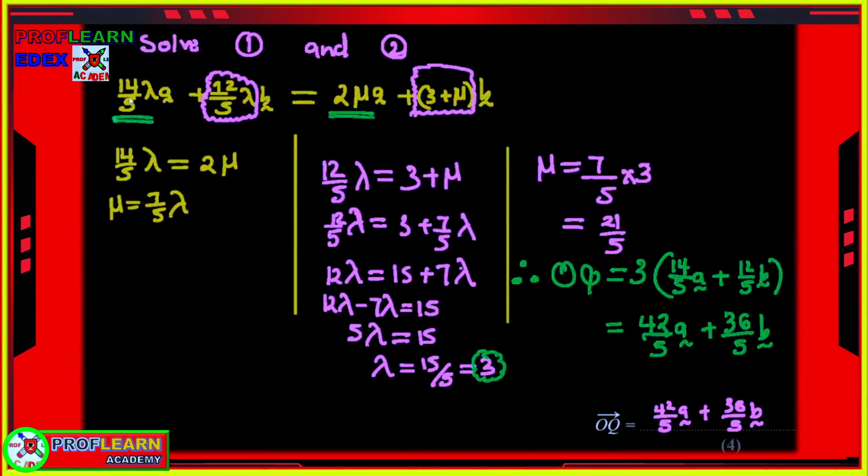You can equate those terms with A. You can say, well, 14/5 lambda should be equal to 2 mu. So you divide by 2 both sides, and you're going to get mu is 7/5 lambda.